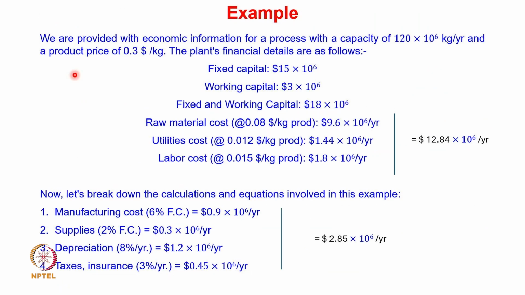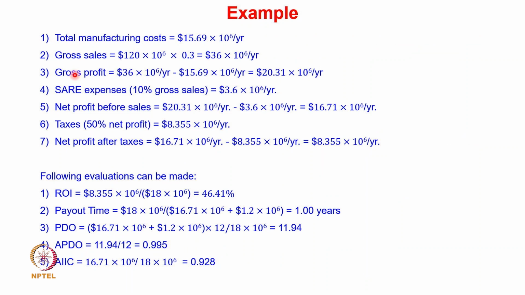So net annual earning we have obtained as this 8.355 into 10 raised to power 6 divided by fixed and working capital. So that is 18 into 10 raised to power 6. So we are going to get 0.4641. That is the percentage return on investment. Okay. So into 100, it should be into 100 here. So we will get 46.41%.